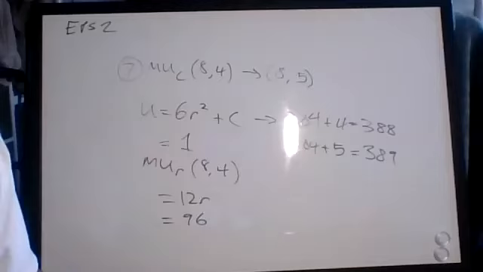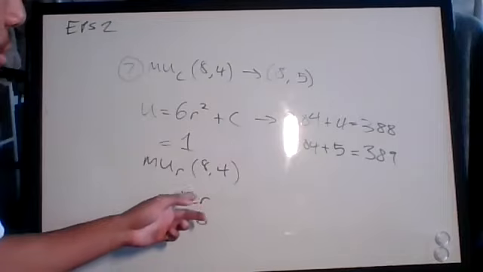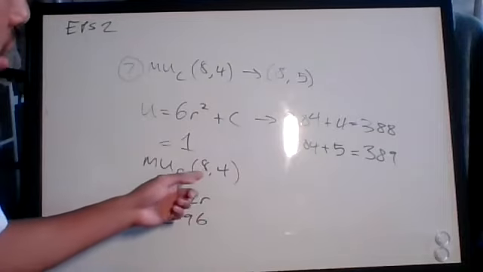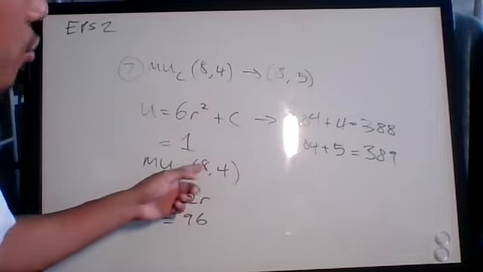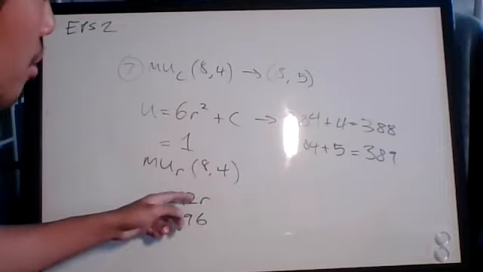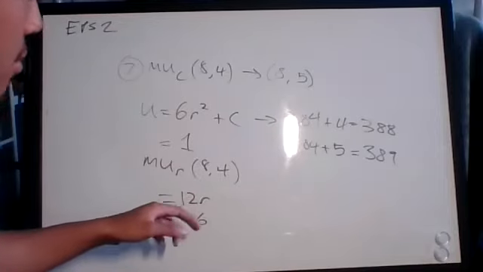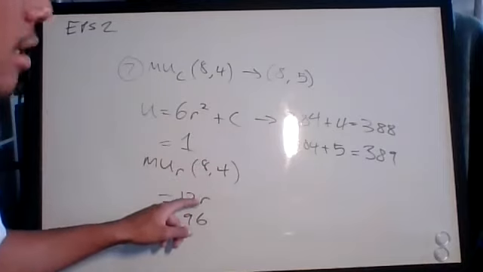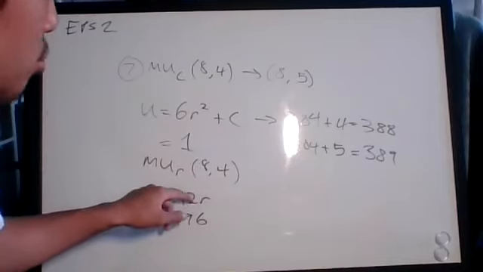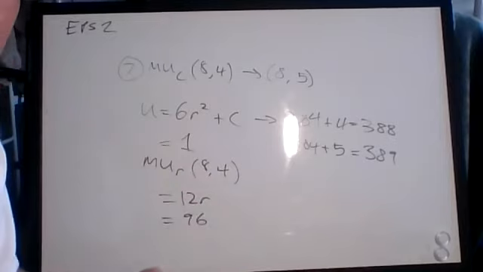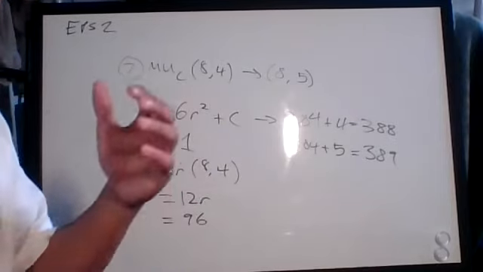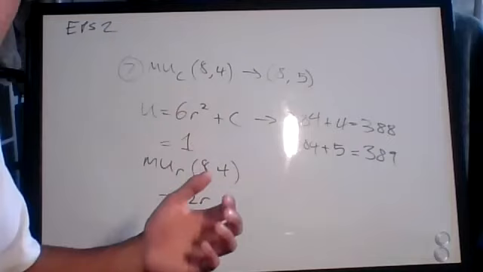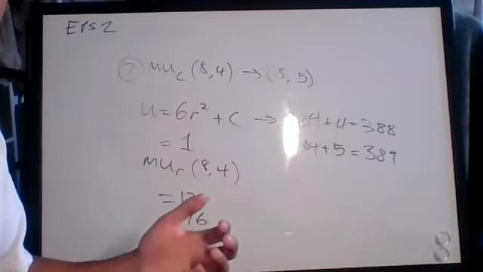Yeah. But see how this is flexible? The higher amounts of rice that I have, the more my marginal utility is going to be. Say that I had 10 units of rice, then my marginal utility of rice is 12 times 10, which is 120. So now I'm getting 120 units from an additional increase in rice.